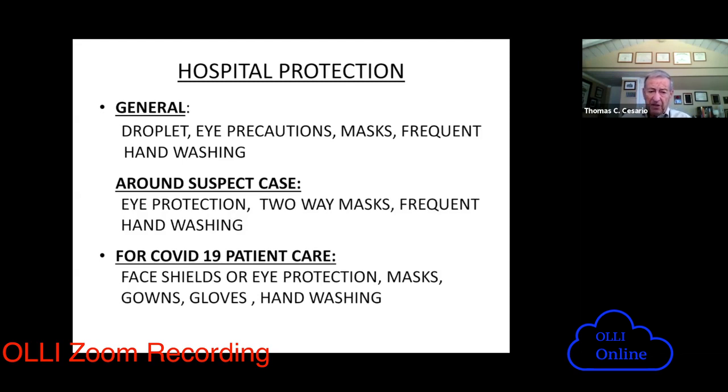We protect ourselves against droplets: eye protection, masks, frequent hand washing. In certain cases, we use shields. And certainly if we're working around patients who are infected, we wear gowns and gloves. And if we are doing certain procedures, we have shields so that those particles are blocked, in addition to wearing a mask underneath that. Next slide.